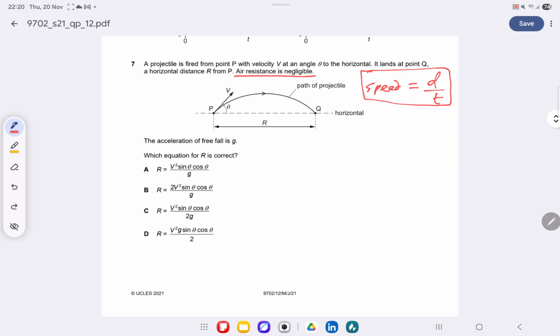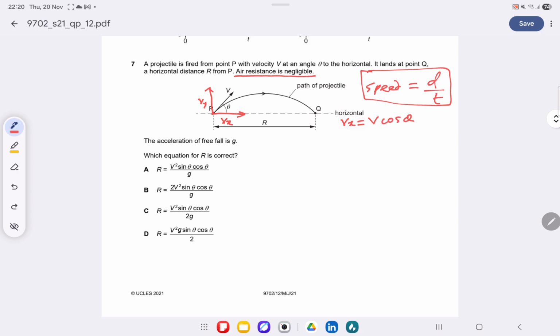So let's get to it. Before you do that, this velocity that is here, you must resolve it in the horizontal, which we call Vx, and then the vertical, which we will call Vy. So for our Vx, that will give us V cos theta.